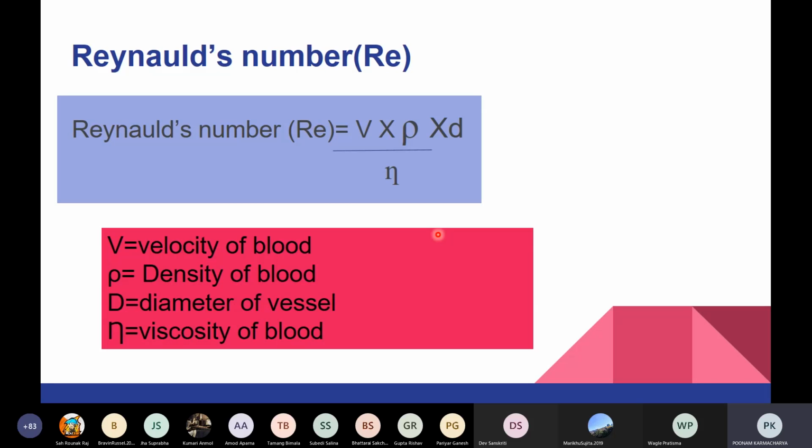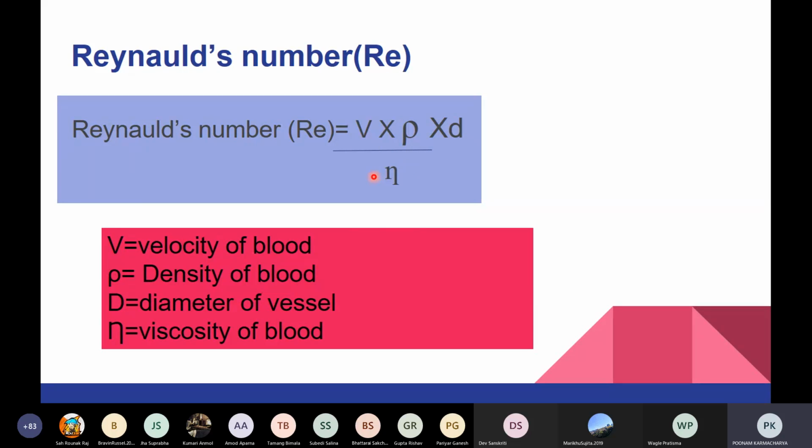This formula can tell you that. So Reynolds number, also denoted by Re, is equal to velocity of blood times density of blood times diameter of blood vessel divided by the viscosity of the blood.